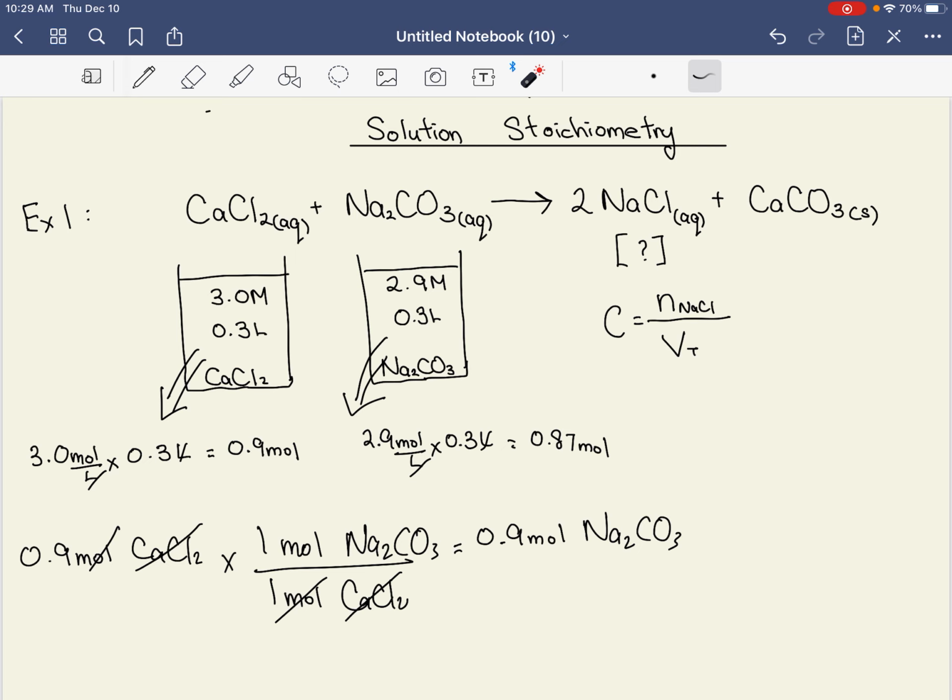You calculate that there's 0.9 mole of calcium chloride in here. And if all 0.9 mole were to be reacted, you need 0.9 mole of sodium carbonate. But in here, there's no 0.9 mole of sodium carbonate. You only have 0.87 mole of sodium carbonate in here.